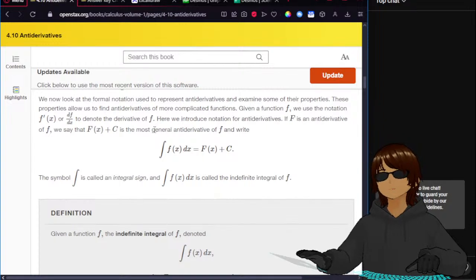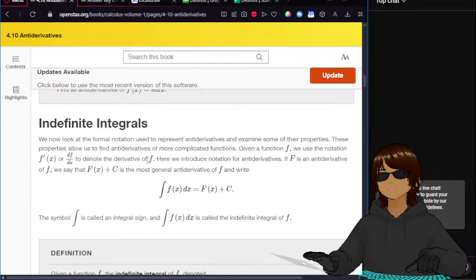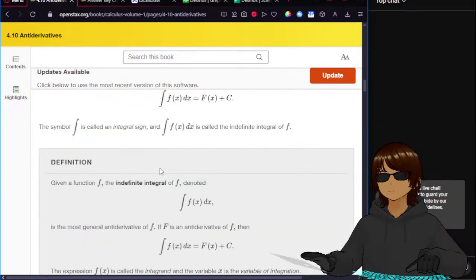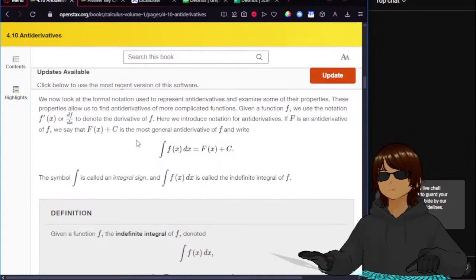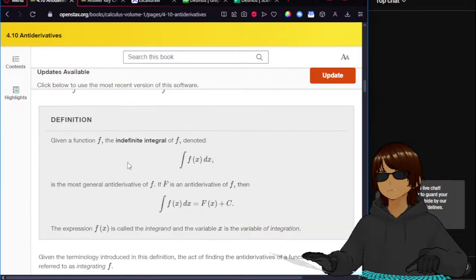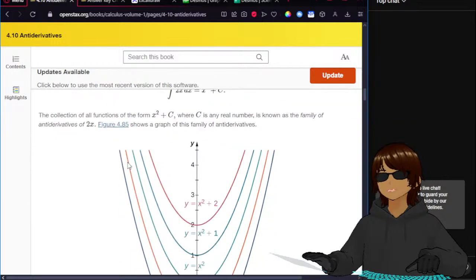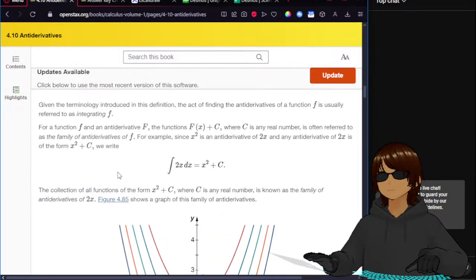I don't like introducing integrals like this. I think we have to show integrals as the area under the graph, the sum of the rectangles, and then we show that it's an antiderivative.